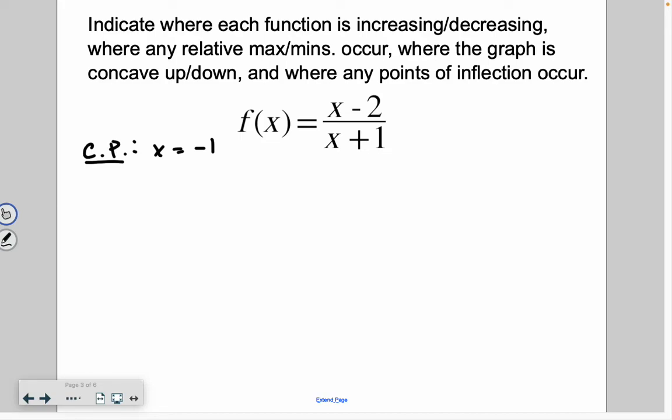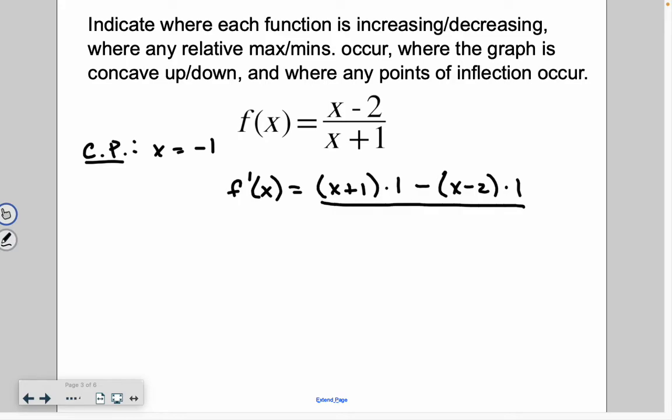Okay, now the derivative, f prime of x. Back to a quotient rule again. Okay, so low d high, x plus 1 times the derivative of the numerator, which is 1, minus high d low, x minus 2 times the derivative of the denominator, which is 1, all over the square of what's below, the denominator squared, (x plus 1) squared. And now again, we've talked about this, you just clean up the numerator.